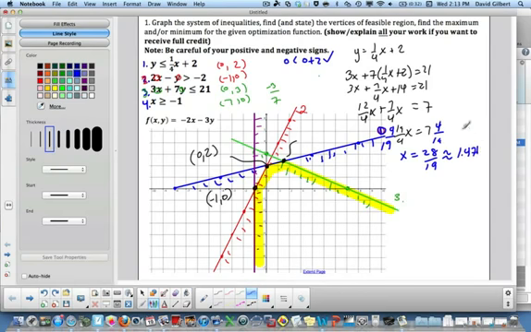Now y. Apparently that's the edge of my tablet. To get the y, I plug it into this. I plug in 28 over 19 for x here, solve that out, and you get approximately 2.368.